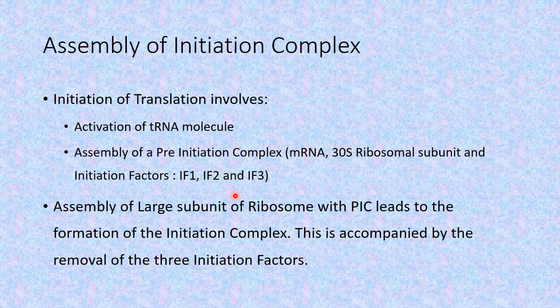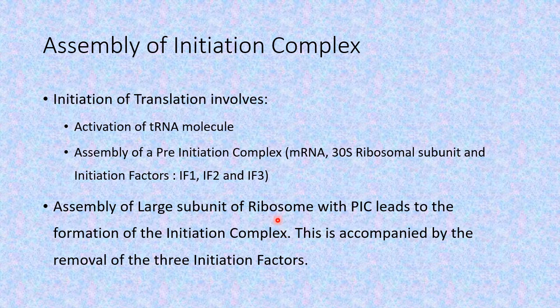First the pre-initiation complex, and that will be followed by the formation of the initiation complex that comprises the ribosome, the messenger RNA, and then it initiates the exact process of elongation, that is peptide bond formation between the amino acids.